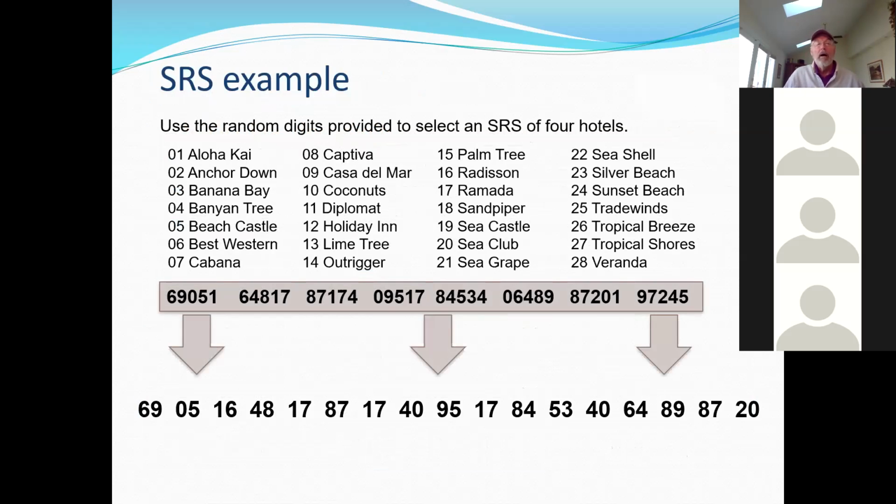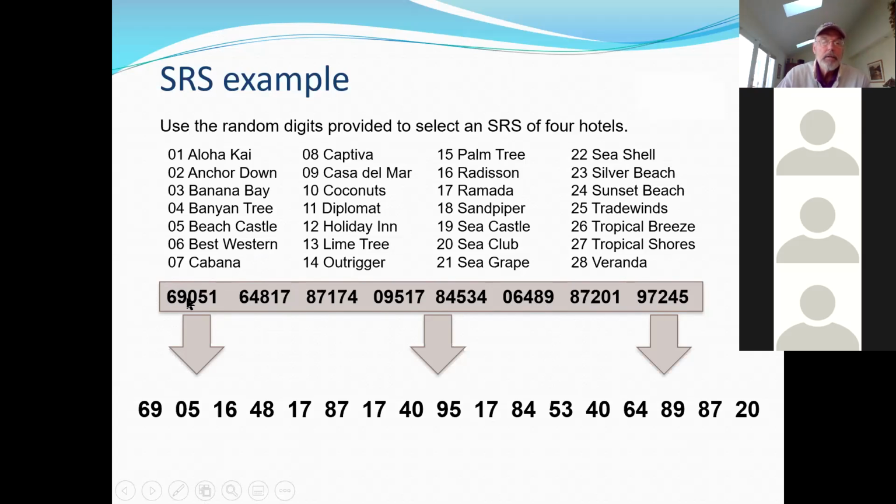So let's think about this. We have 28 hotels, and we want a random sample of 4 hotels. Each one of the hotels has a label, a number, and those numbers are 2 digits. We're going to use the digit row right here and start with this number, 69.